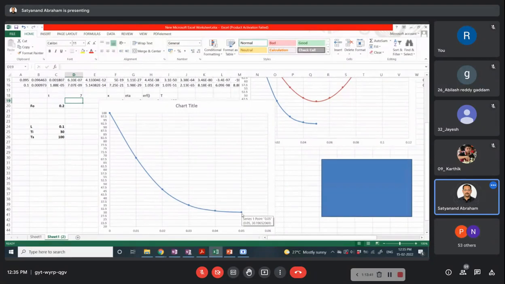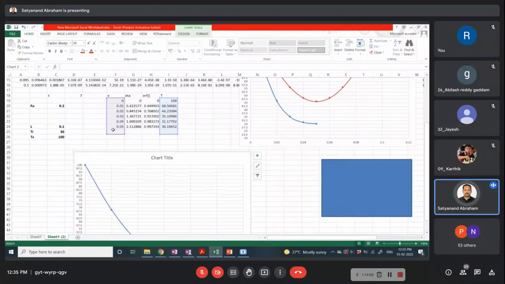So for this particular condition, in which the body is of 5 centimeter width, till 7 seconds it is acting like a semi-infinite solid.